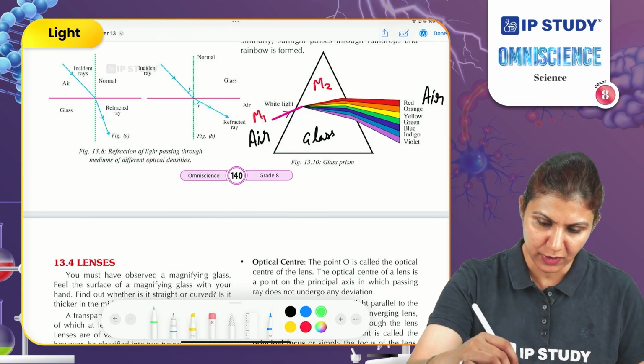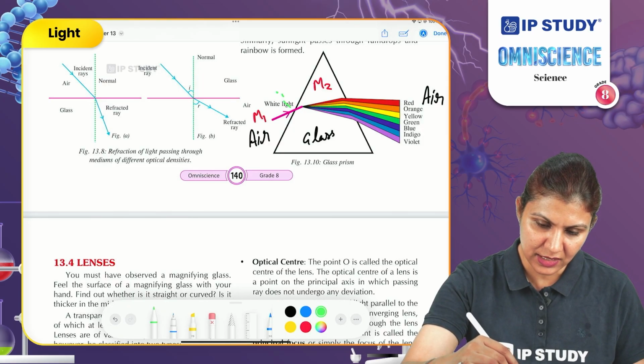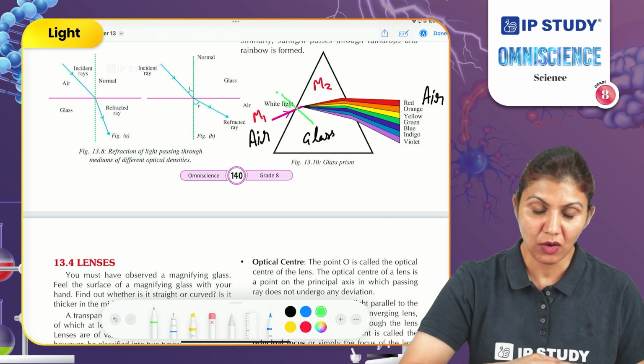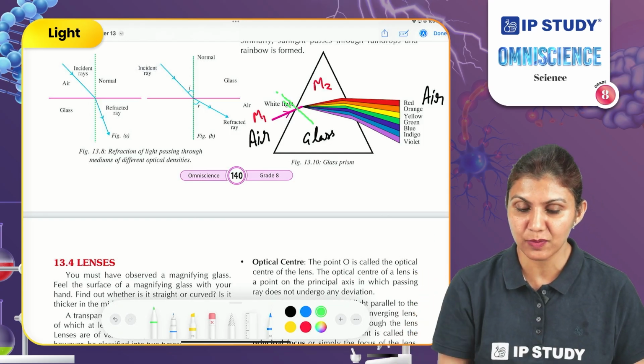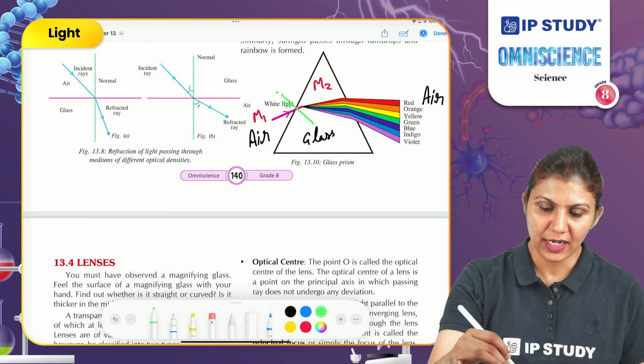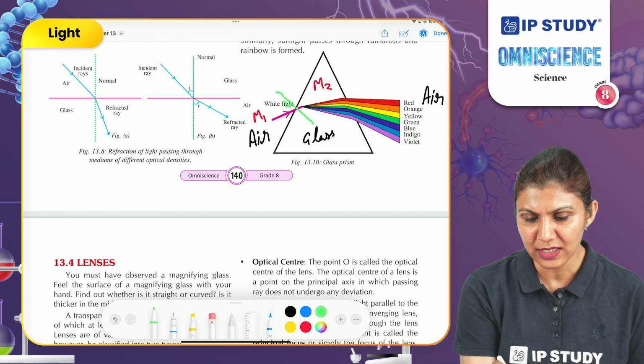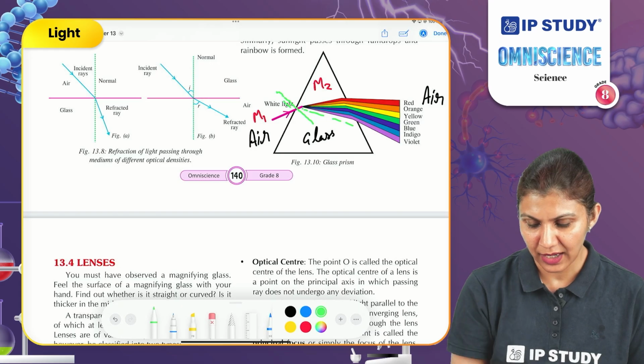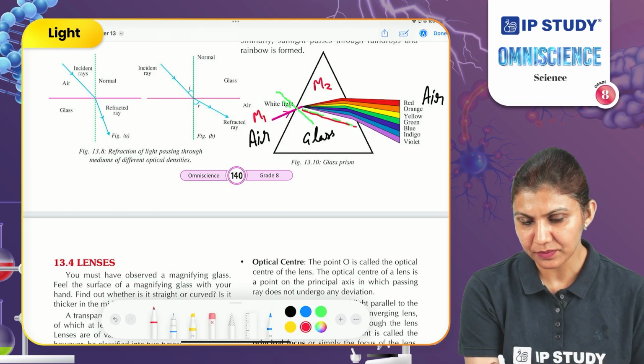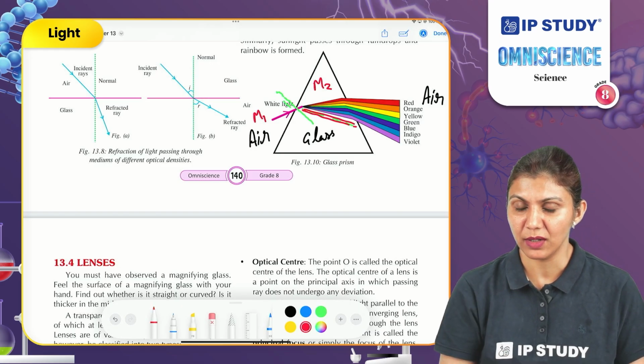Try to draw the normal here. So if a light ray is incident on one surface of the glass on this prism, it is making an angle with the normal, and now if you notice, it is bent. Light rays are bent closer to the normal.